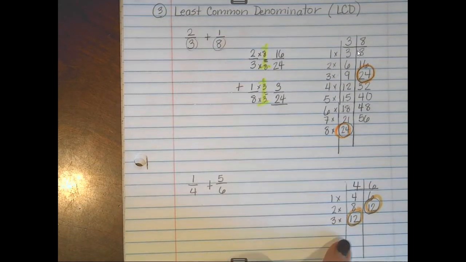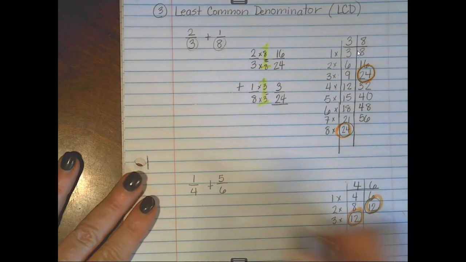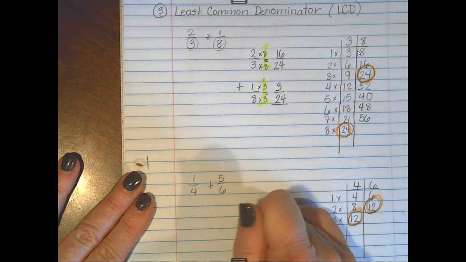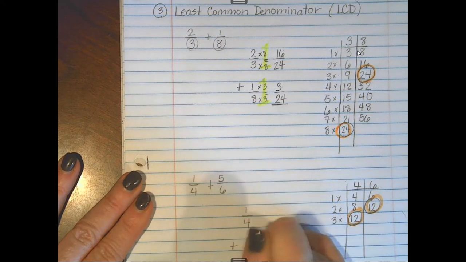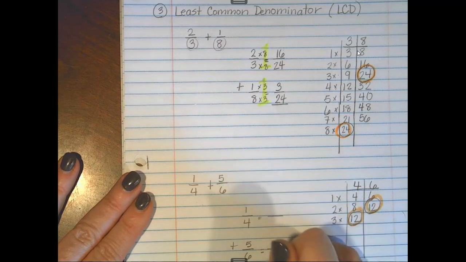So if we use 12, when we get our answer, we're not going to have to simplify it. If we use 24 as the common denominator, our answer is going to have to be simplified. All right, so when we rewrite our fractions, we would have 1/4 plus 5/6, and I would use 12.